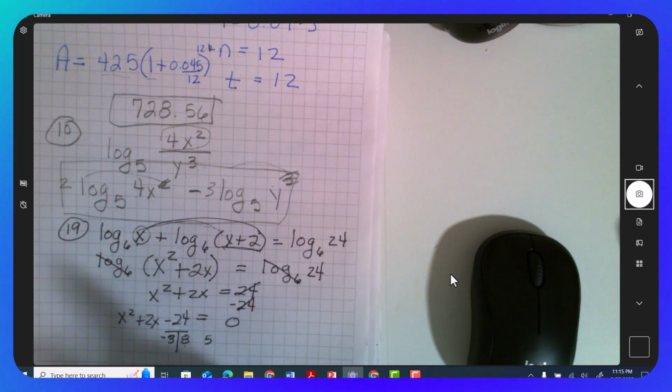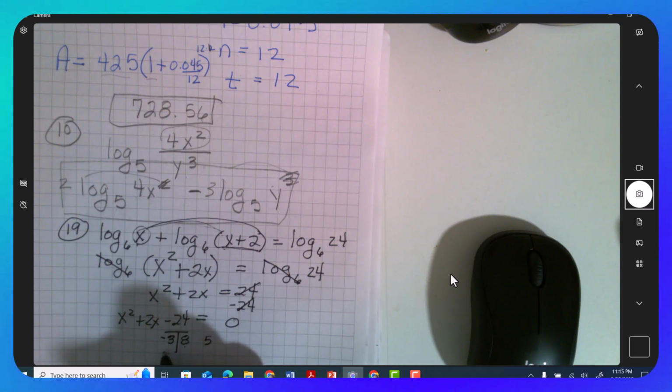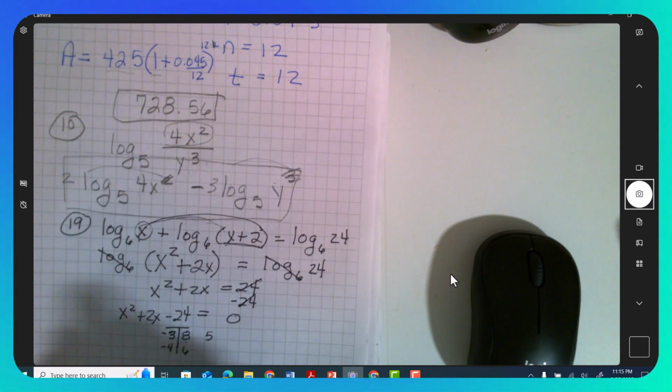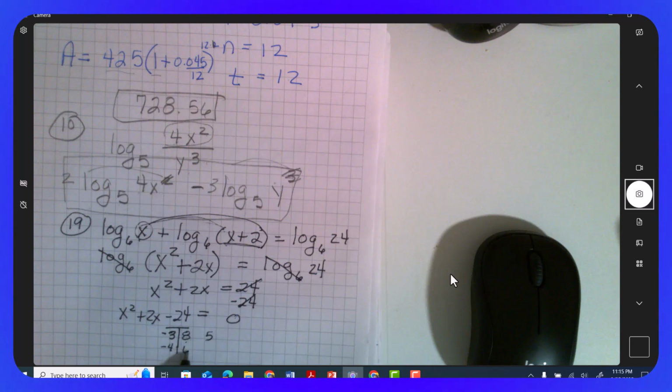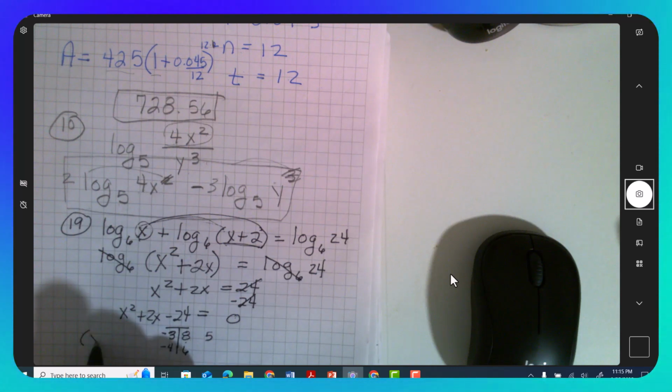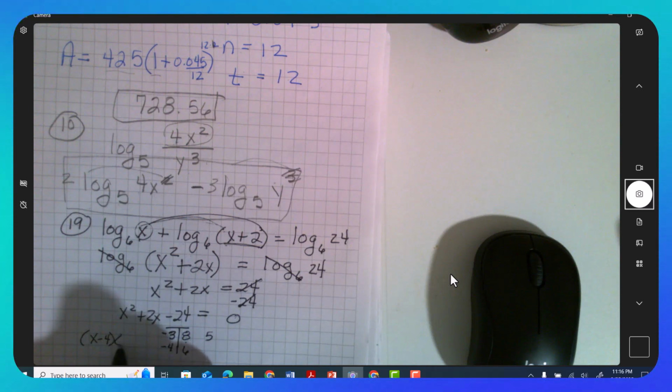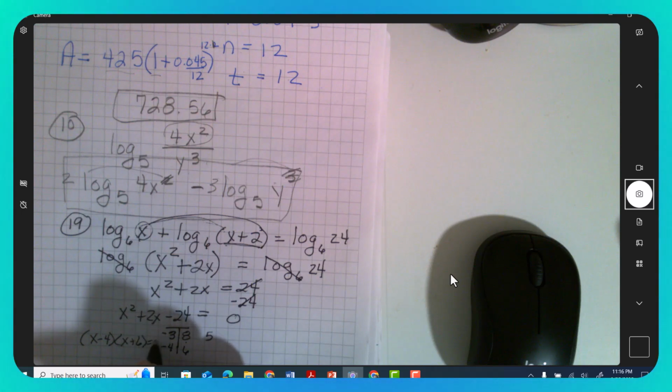We're looking for 2. All right, what about -4 and positive 6? They multiply to give you -24, and they add together to give you a positive 2. So we can factor that into (x minus 4) times (x plus 6) equals 0.